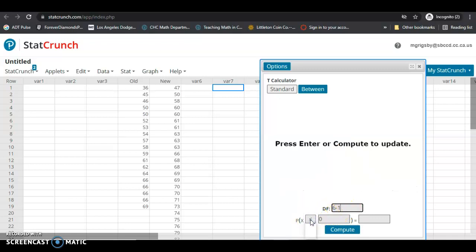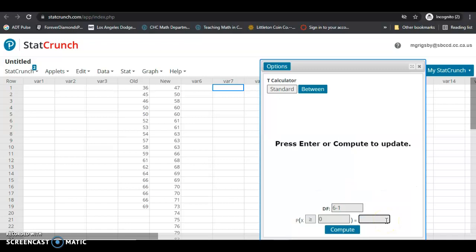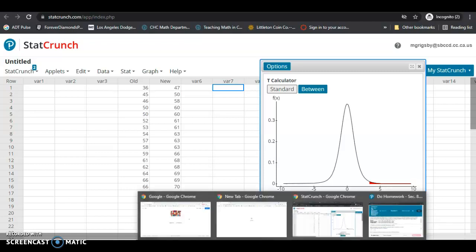Since this is a right-tailed test, you're going to select the greater than or equal to symbol, since it also points toward the right. And then for the right-tailed test, you enter the level of significance as it is given, and then click compute. Usually the critical values are rounded to 3 decimal places, so it would be 3.365. That 4 there gets rounded up to a 5, so 3.365 is our critical value.